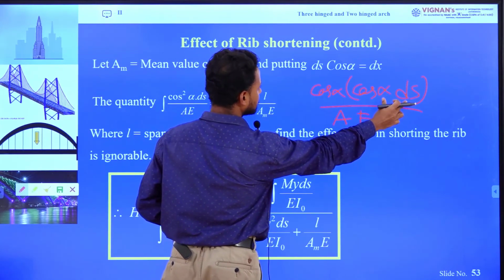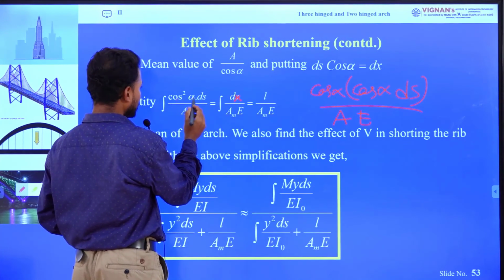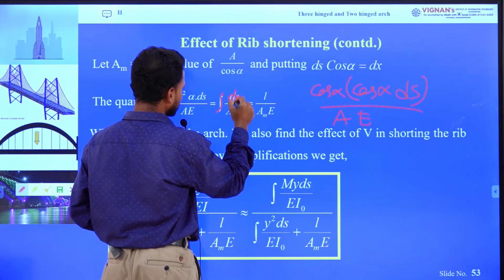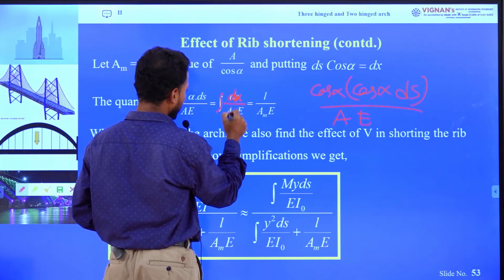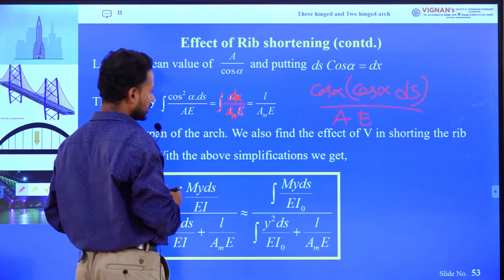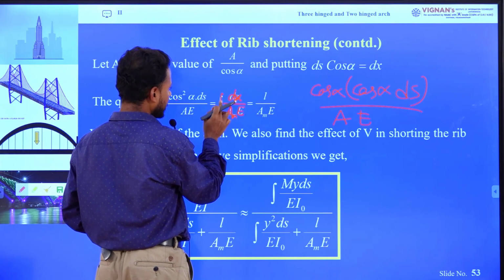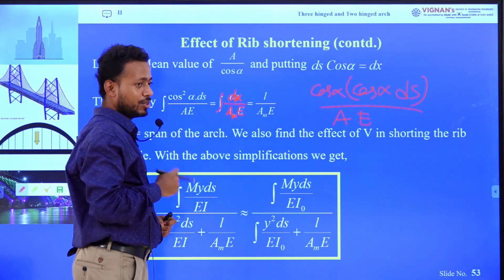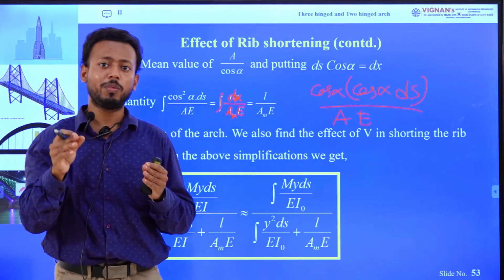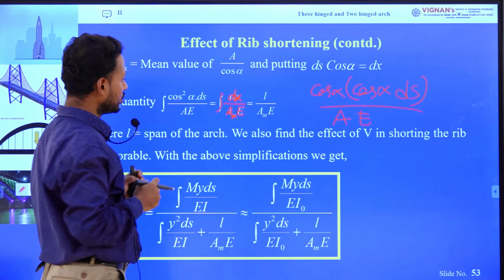So integration dx divided by AM E, this AM E is constant and will come out, and integration of dx equals L, because if you sum all the small parts of the arch, you will get the total span of the arch.